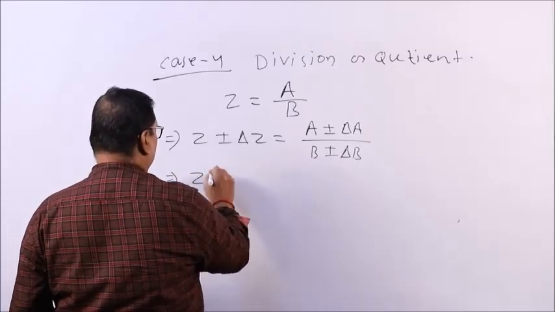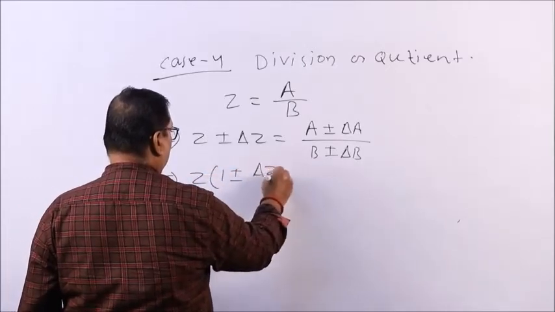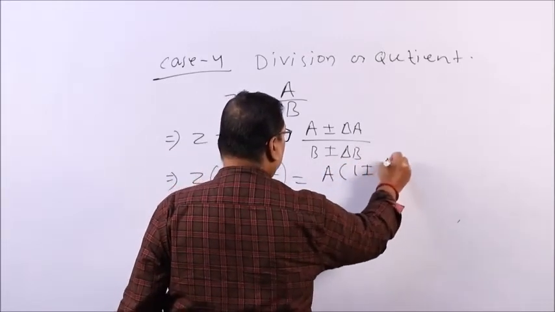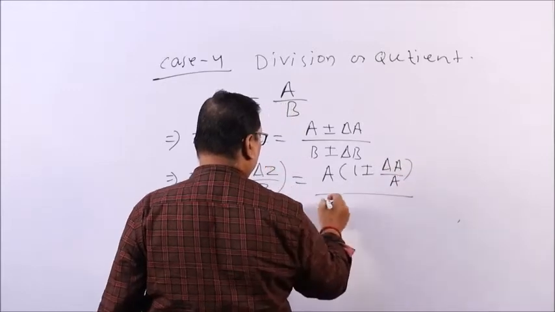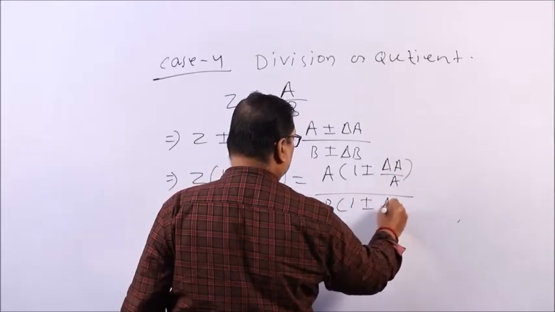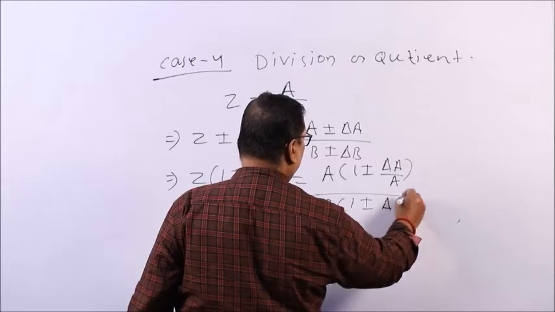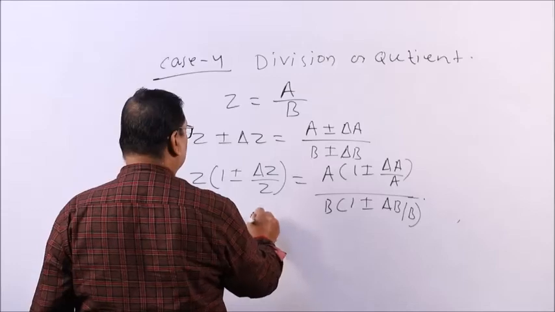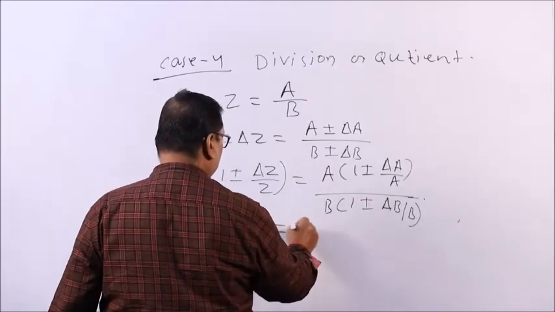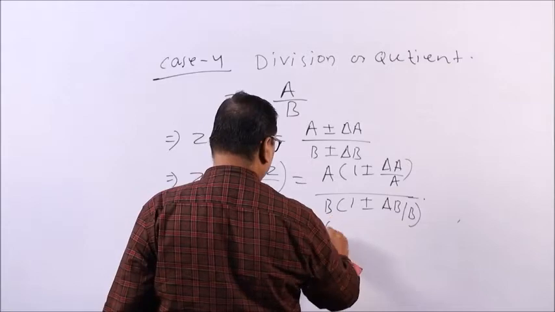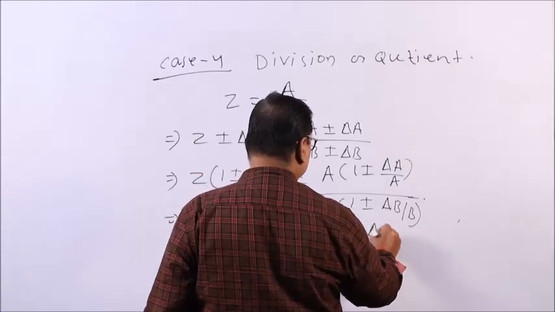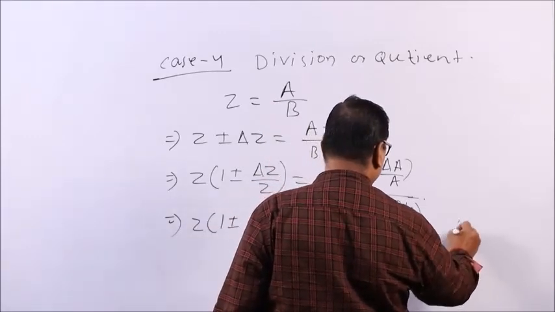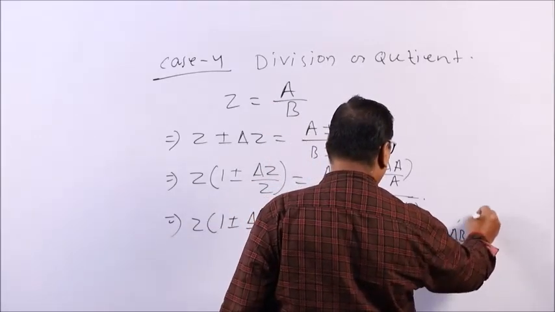Implied delta z by z, here delta a by a, delta b by b. Implied delta z by z equals a by b, 1 plus minus delta a by a into 1 plus minus delta b by b to the power minus 1.